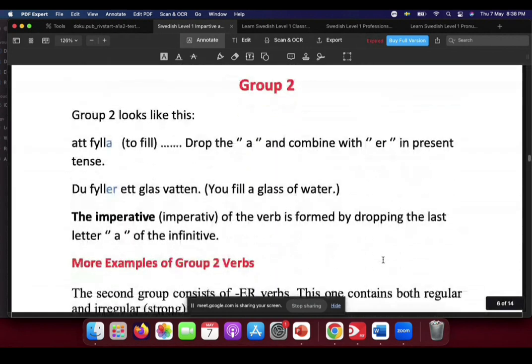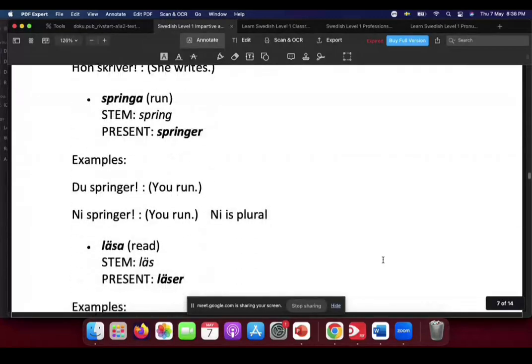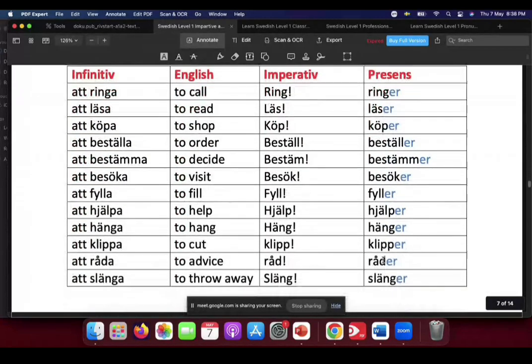And next we go on to group two. How do you make the verb here? We can check the table. It has the same infinitive form as group one, at ringa. It ends on a also, but I'm using er, ringer.